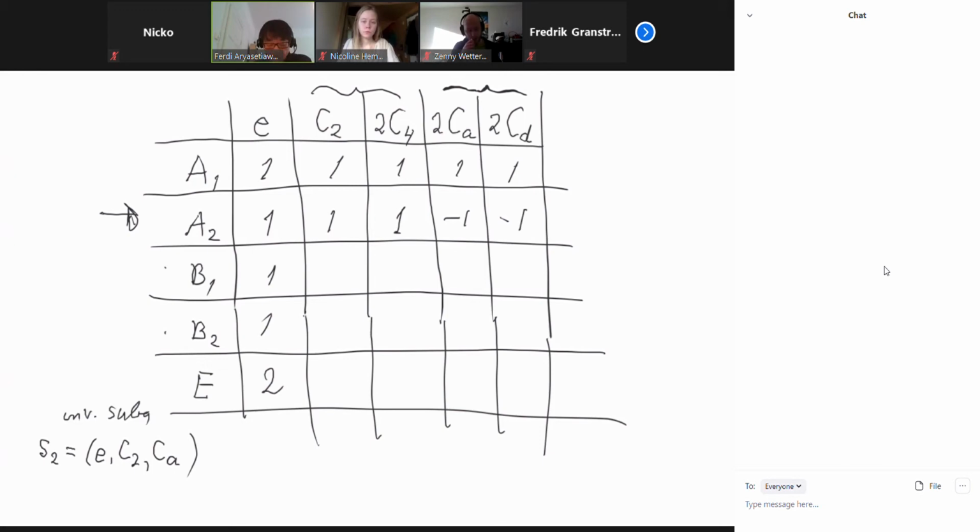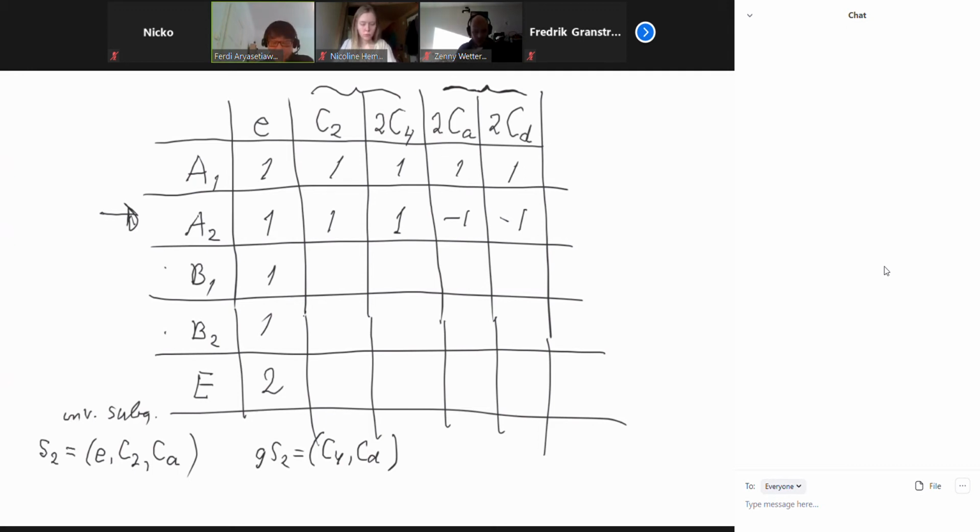Okay, so this I can associate. Let me look at the other elements. So now if we look at GS2, that becomes, I think, C4 and CD. So this is the coset. If I take any element of G, then I get this. So this G can be anything outside S2.